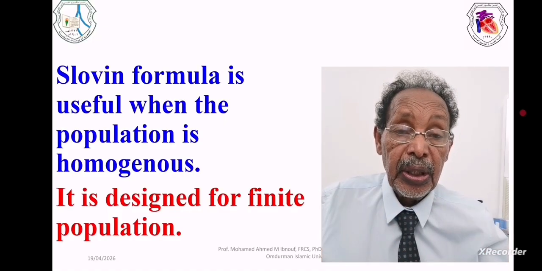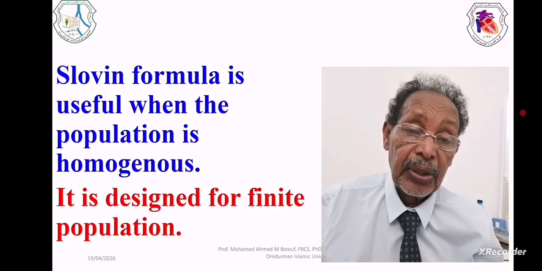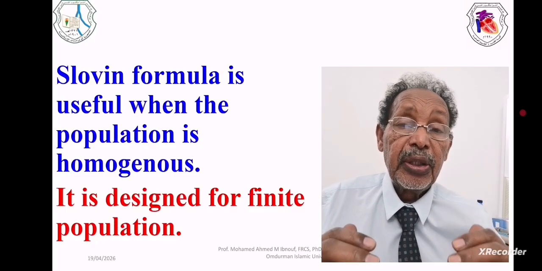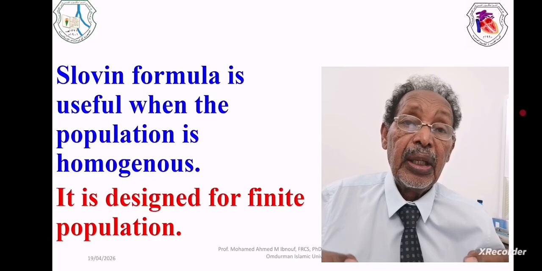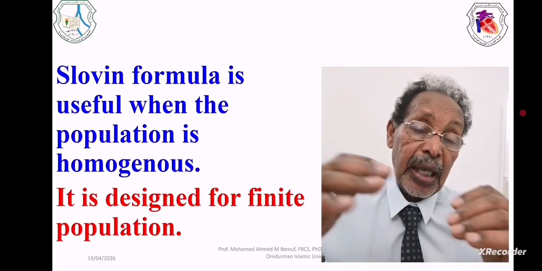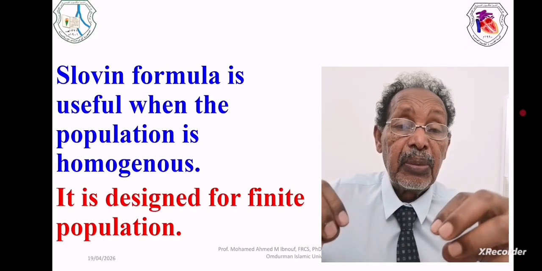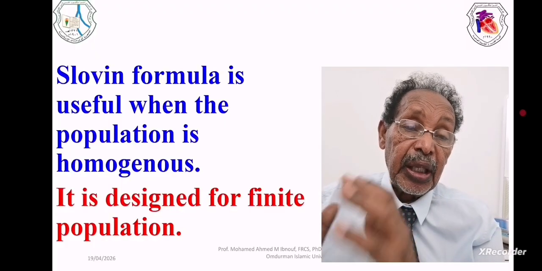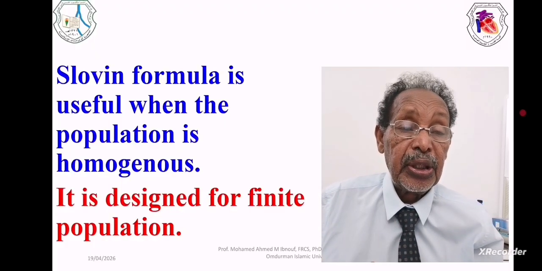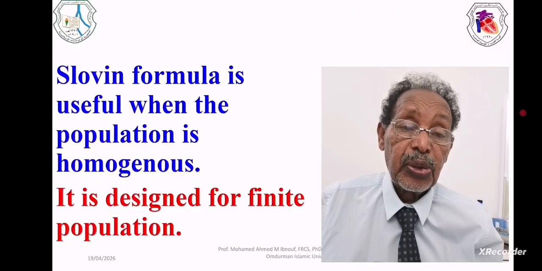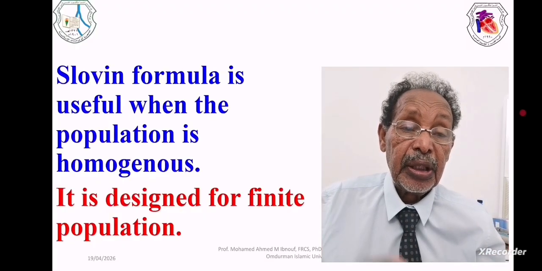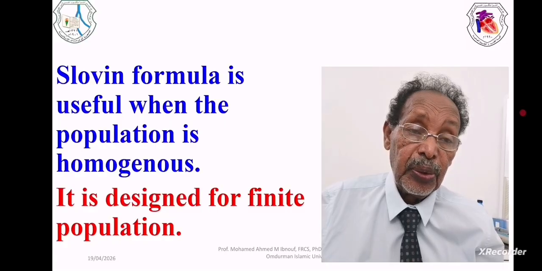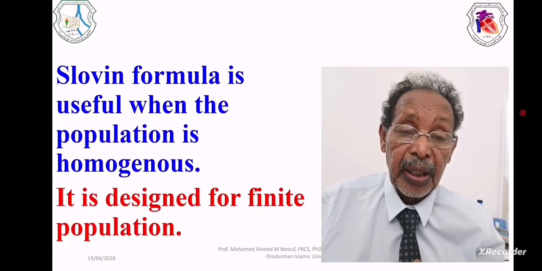They should be homogeneous. A heterogeneous population should be split into strata, and in each stratum a specific calculation can be done to reach a sample size. So it doesn't work for an inhomogeneous population. It is only for homogeneous, similar cases.